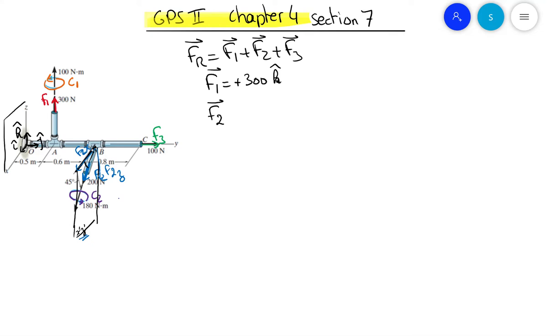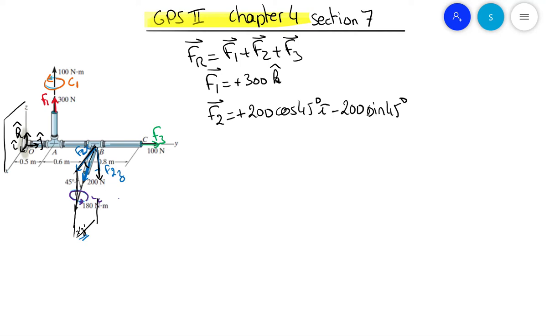For x, it's in the same direction, so plus magnitude of F2, 200, at the adjacent side, so cosine 45 degrees on I hat. For the z component, it's going down, the opposite direction of k, so minus 200, the magnitude of F2, at the opposite side of the angle 45, so sine 45 degrees, on k.